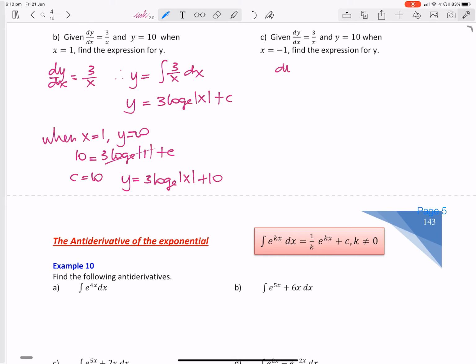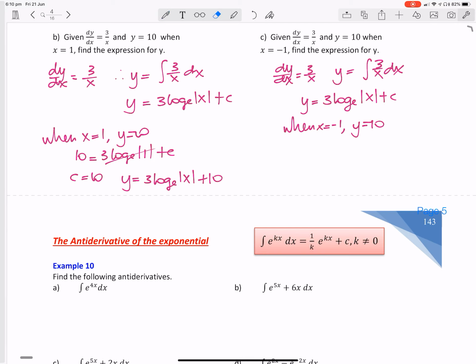From here, we get dy dx is 3 on x. Y is the integral of 3 on x dx. Y is equal to 3 log e mod x plus c. And when x equals -1, y equals 10.